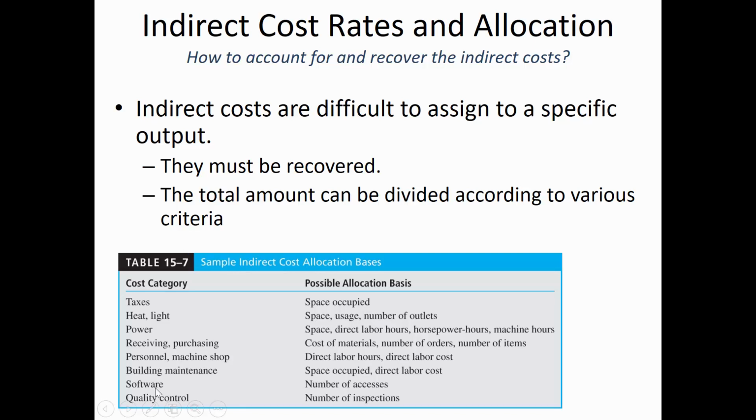So you can see another one, quality control. You could allocate the costs of quality control with the number of inspections that are occurring. So if you have a meat packing plant, and for whatever reason maybe the USDA requires more inspections of beef than it does of pork, then if you're going to allocate those costs associated with the USDA inspections, you'd have to allocate more of your costs into the price of the beef than the pork, because one of those things is causing more of the costs.